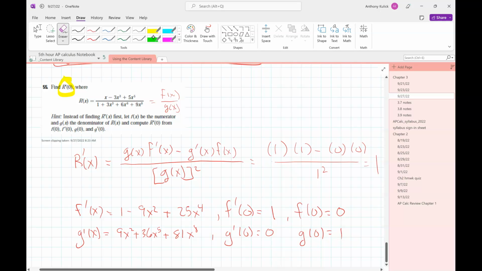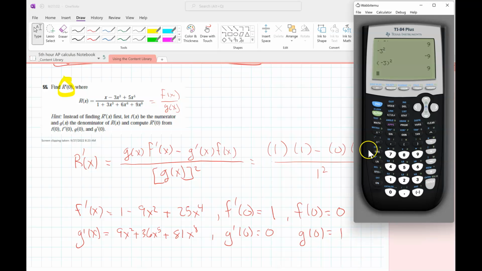The other thing that's probably worth showing you guys at this point is that when you're doing these derivatives by hand, you can't check them precisely on your calculator, but you can kind of check them on your calculator.